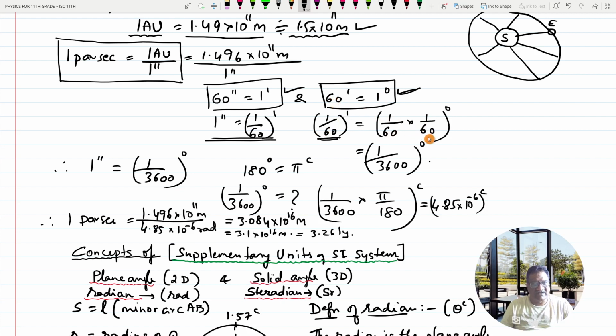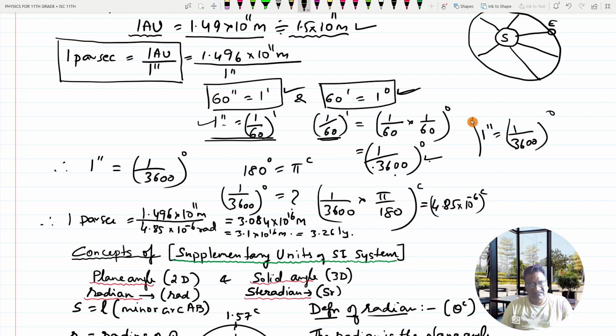So multiply by 1 by 60. This will be the answer in degree. So 1 upon 60 into 1 upon 60 is 1 upon 3600 degree. So you get the answer as 1 upon 60 minutes is equal to 1 upon 3600 degree. Now 1 upon 60 minute was nothing but equivalent to 1 second, isn't it? So can we say that 1 second is equal to 1 upon 3600 degree? Yes. So we can say that 1 second is equal to 1 upon 3600 degree.